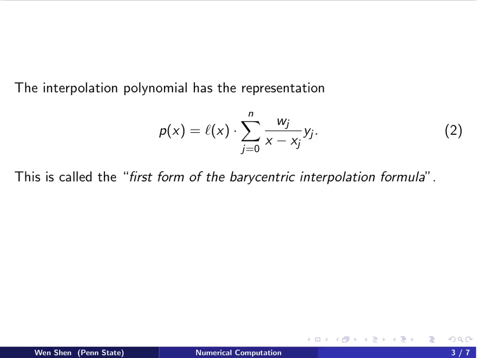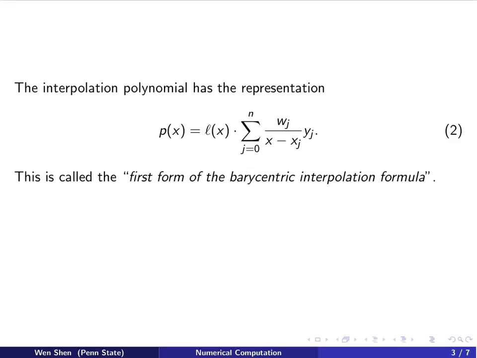Now, with the definition of the function L and the weights W, we can rewrite the interpolation polynomial. It's just a sum over the function value yj multiplied by the cardinal function Lj, and add them all up.